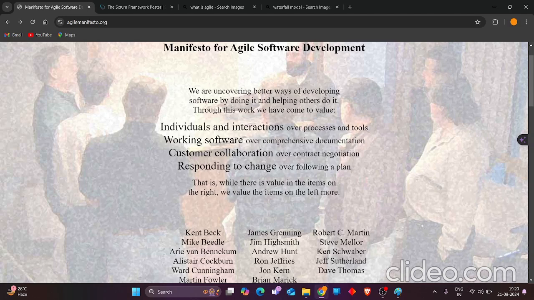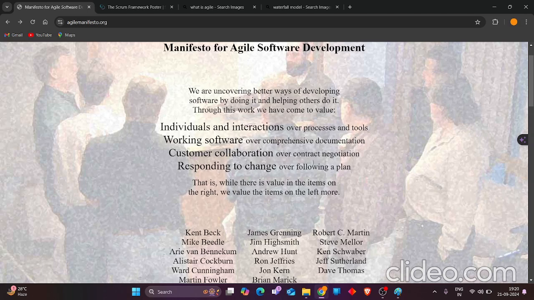Understood? Customer collaboration over contract negotiation. Customer collaboration should be the most prioritized, because we should listen to our clients about what features they want, over the contract we have made.